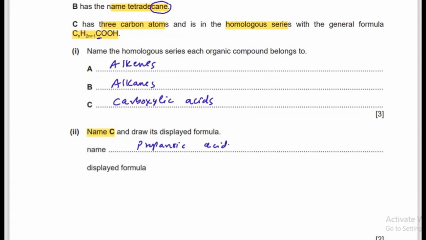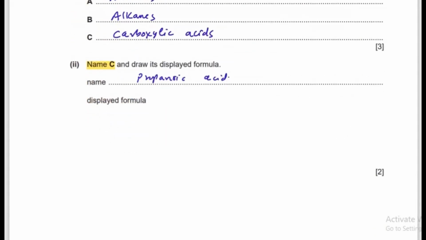So the COOH group can be shown. There are 3 carbon atoms, so you can fix the 3 carbon atoms. Then there is a carboxylic group that can be shown like this, and the rest of the carbons must be tetravalent. So you can show the displayed formula of propanoic acid.